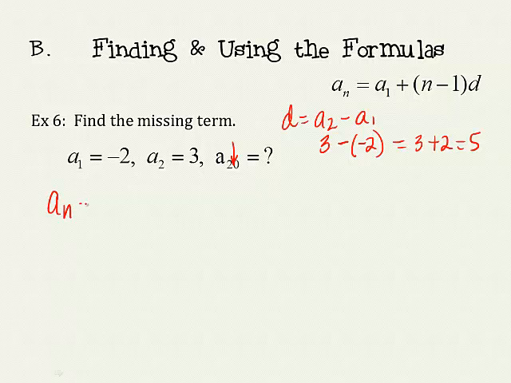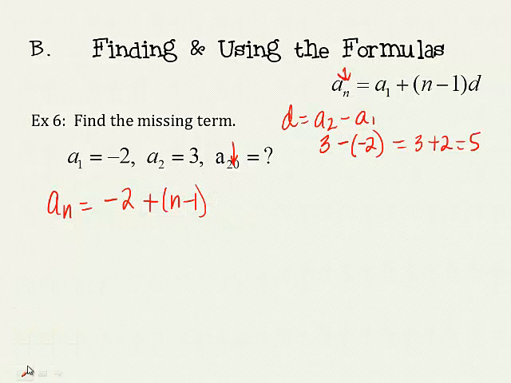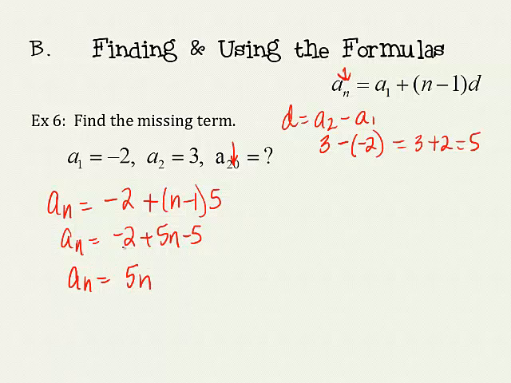Knowing that, I'm going to plug into the equation right here. a sub n equals a sub 1 plus n minus 1 times d. We know what d is, 5. So a sub n equals negative 2 plus 5n minus 5. Solve it out. I get 5n. Negative 2 minus 5 is negative 7.